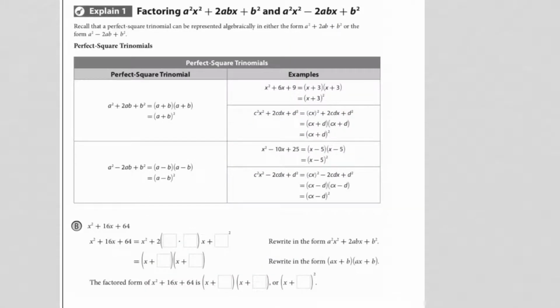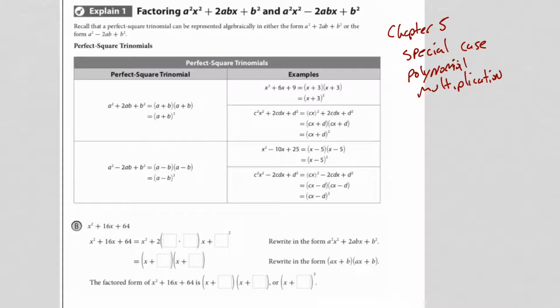So this part is straight out of the textbook: a squared plus 2ab plus b squared. In chapter 5, we did a section called special case polynomial multiplication. And there's also a poster on the wall next to my desk that has a lot of this stuff already there for you as well.